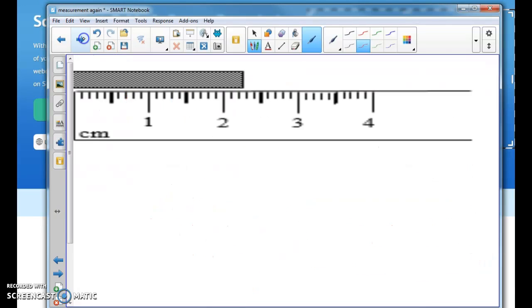All right, let's try another one. Now, this isn't finding mass, this is finding length in centimeters. So this one's quite a bit easier. I know it's between 2 and 3, so it's 2 point something. I come over here, and you can see it's past the second little mark, but not past the third.